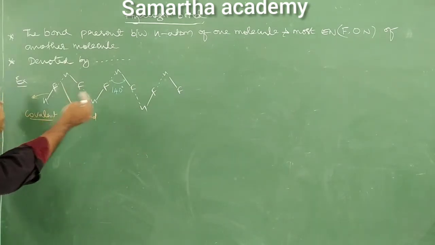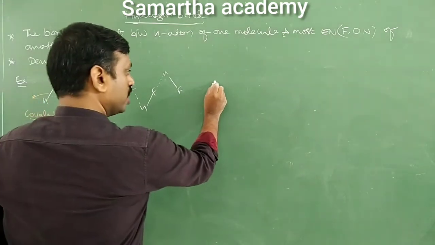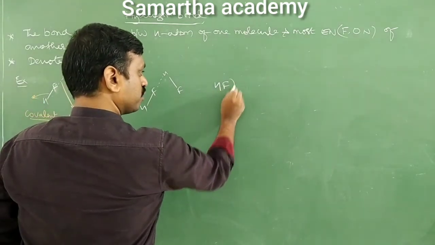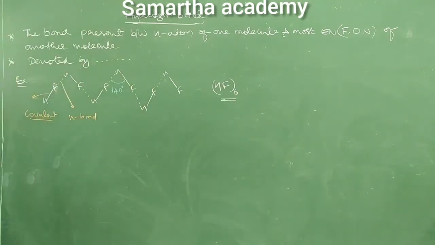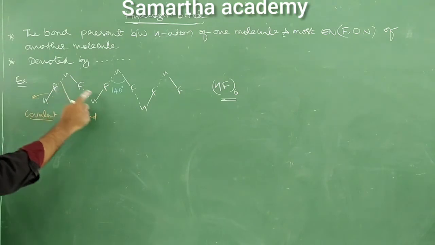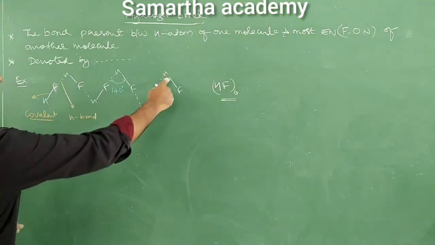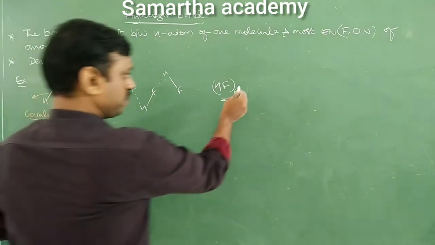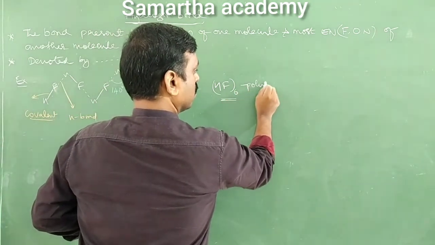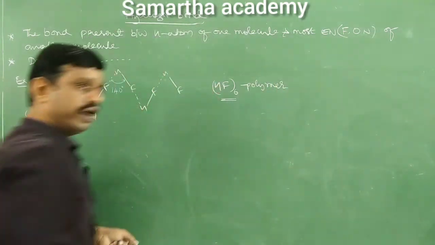Due to this hydrogen bonding, HF molecule exists as an HF polymer, that is 6 molecules associate together like 1, 2, 3, 4, 5, 6. Therefore, HF has a polymer structure, that is (HF)6 polymer. It is due to hydrogen bond.